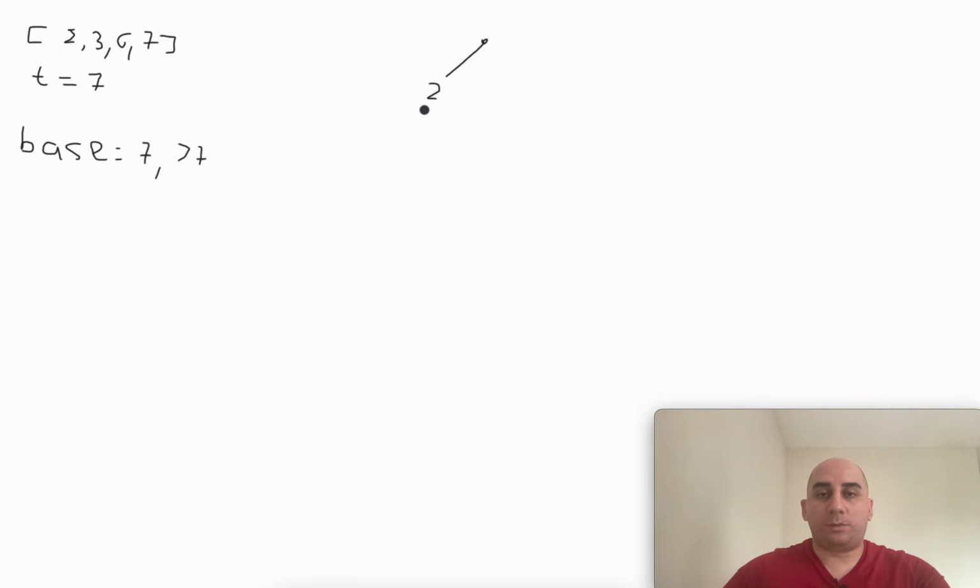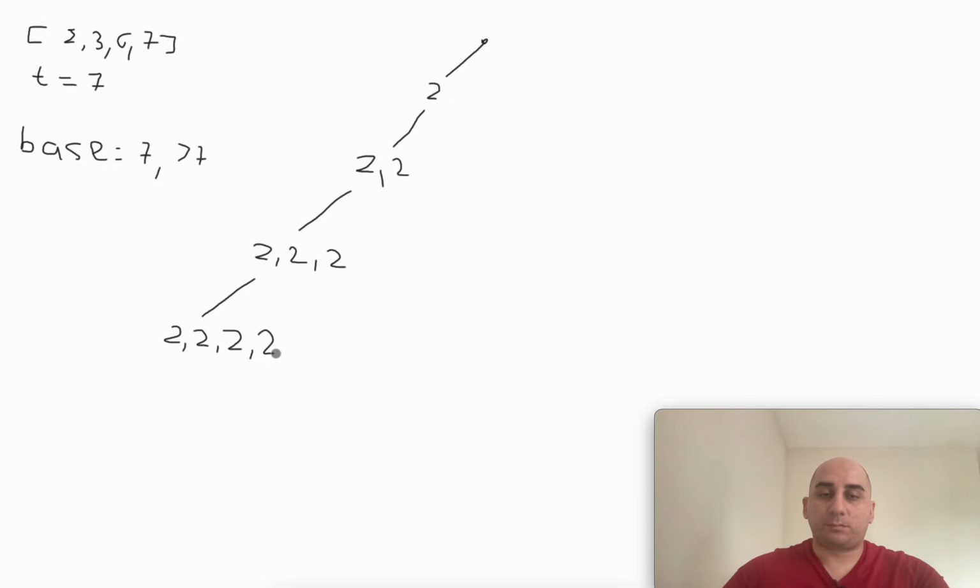So for example, 2 we can use once, it's not equal to 7 and it's less than 7, so we can use it one more time, 2, 2. We can use it one more time, that is 2, 2, 2. And we can use it again, so that would be 2, 2, 2, and 2.